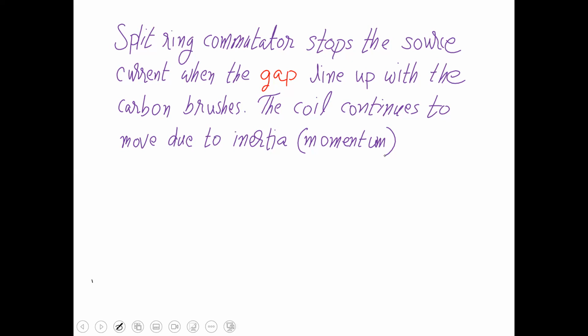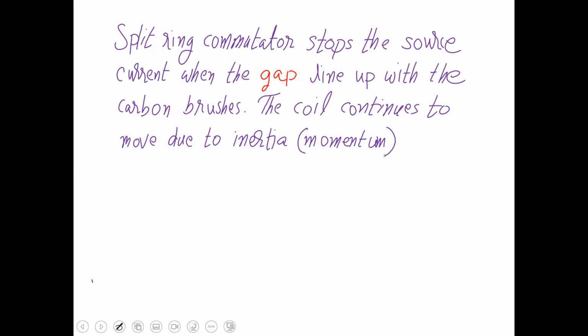Now answer the same question. Why does a fan not stop immediately when you switch off the circuit? The split ring commutator stops the source current when the gap lines up with the carbon brushes. The coil continues to move due to inertia, which is known as momentum.